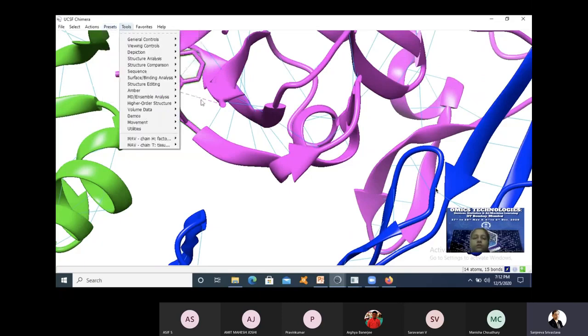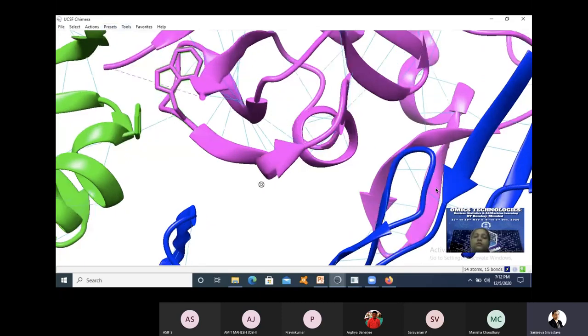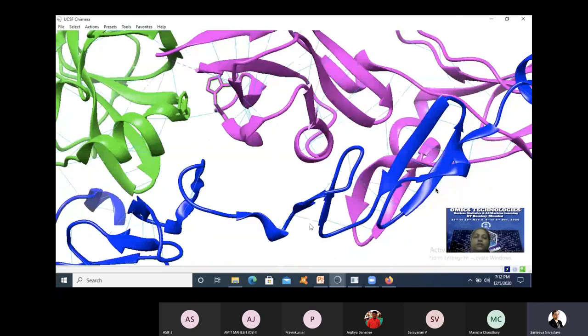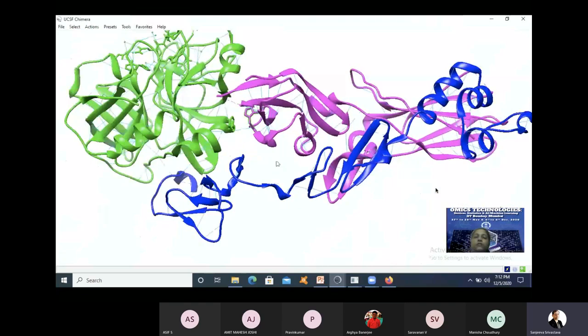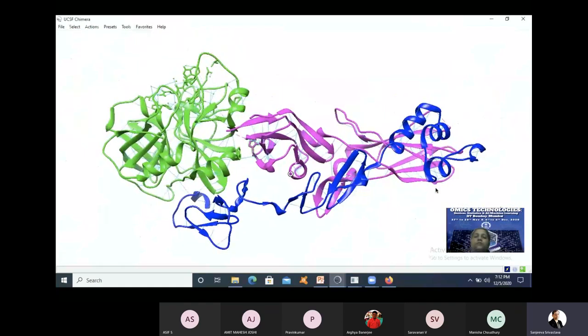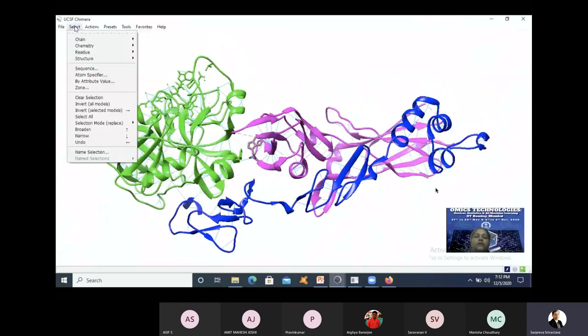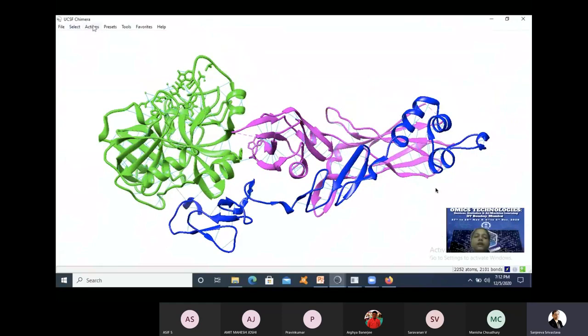So this is what we can see in Chimera. Different kinds of analysis can also be done here. This is one thing. And the second thing we can do is, if I select this particular chain, the heavy chain, suppose, and I want it to look not like a ribbon but as a surface, I'll just say show.